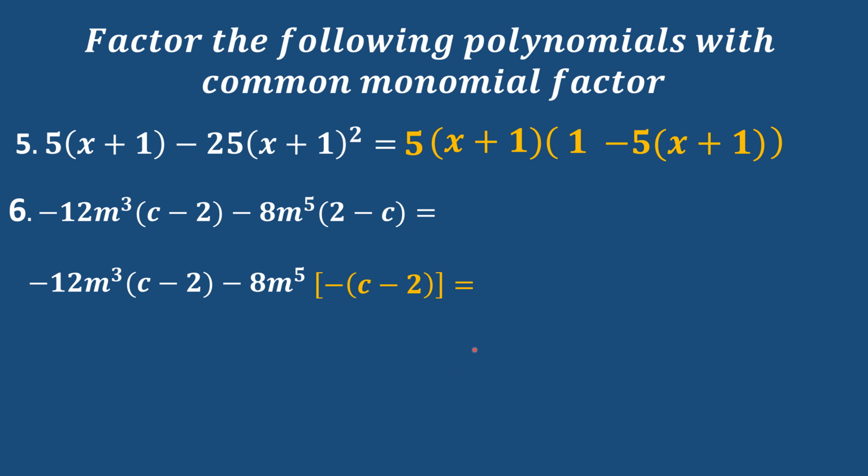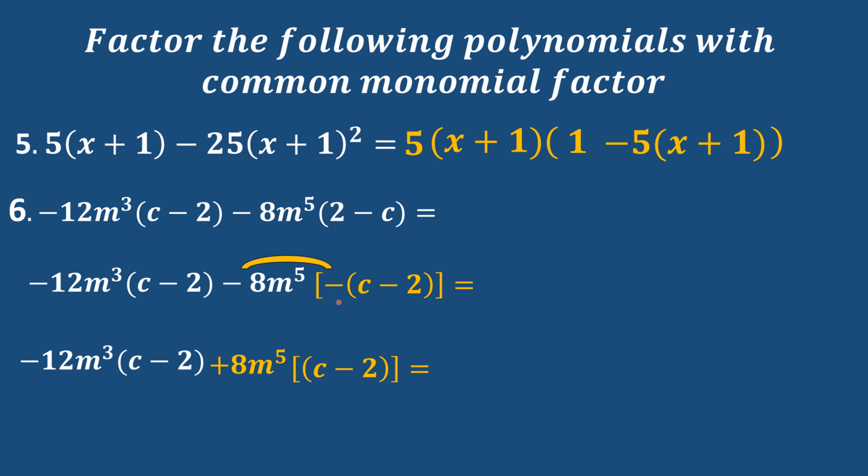To avoid something quite confusing, we will multiply that negative sign with the negative in the 8m to the power of 5. Negative times negative gives a positive 8m to the power of 5, and then we attach the c minus 2.